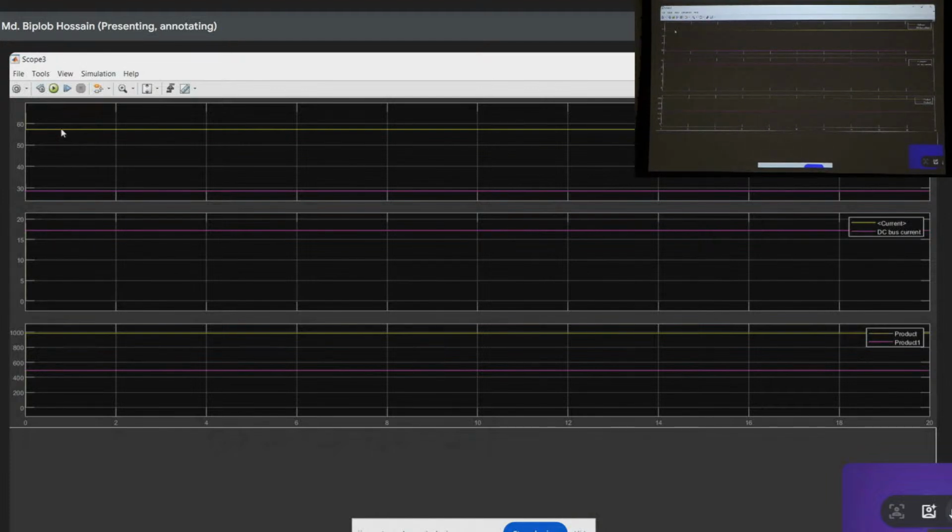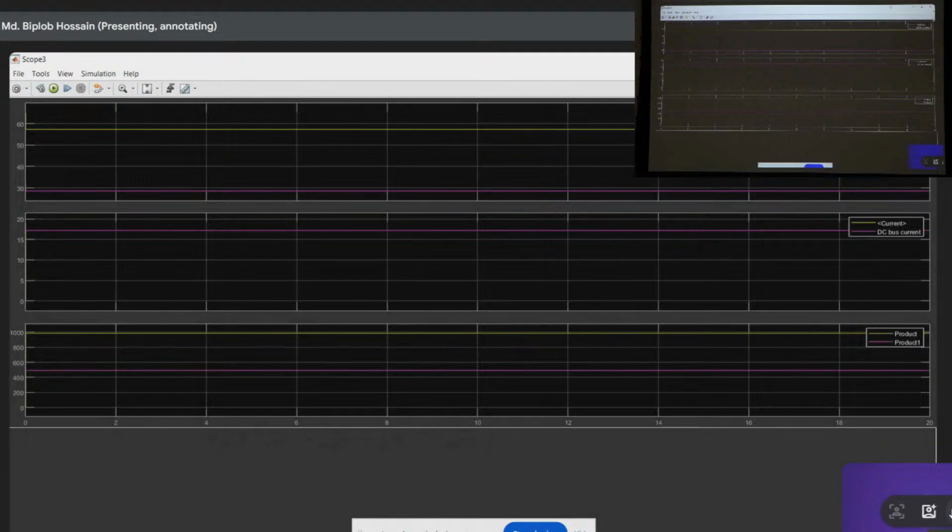Because the nominal operating voltage of this fuel cell is 45 volt, but you see the voltage higher than the nominal voltage, 45. And also the maximum power supplied by this fuel cell is 1 kilowatt, not 6 kilowatt.